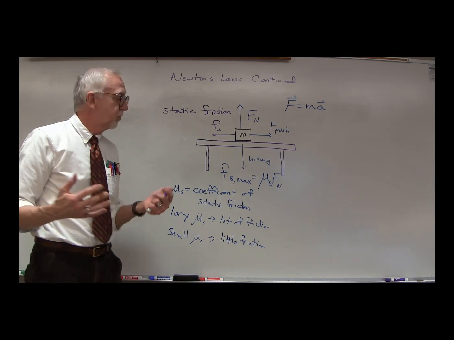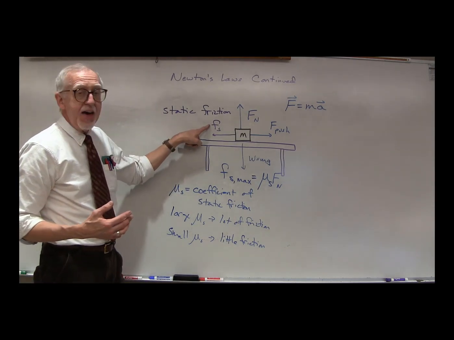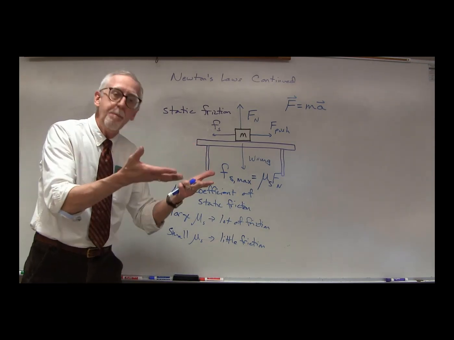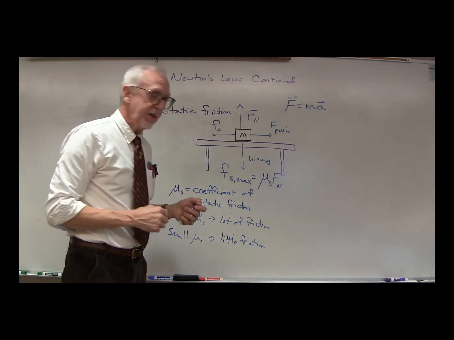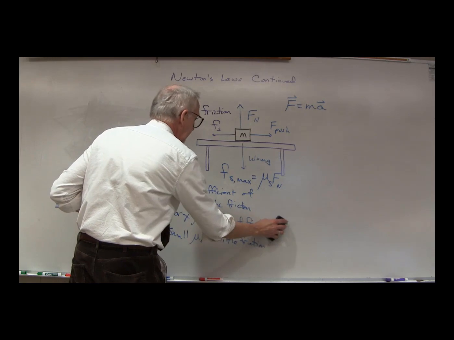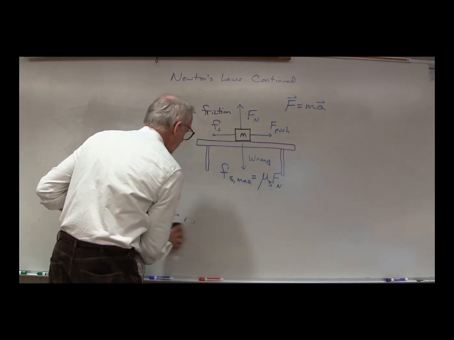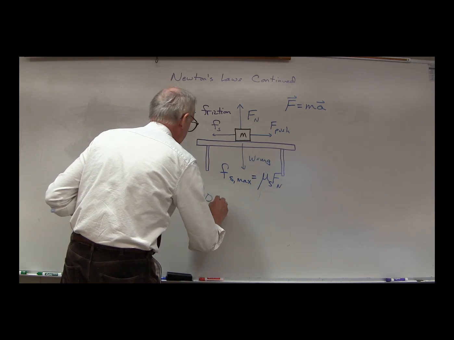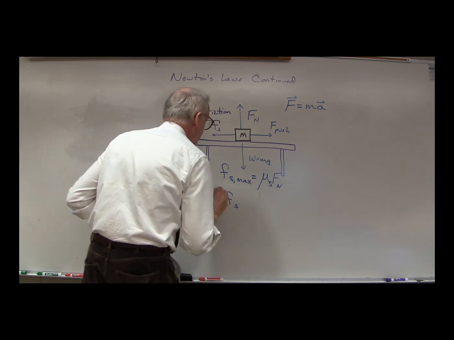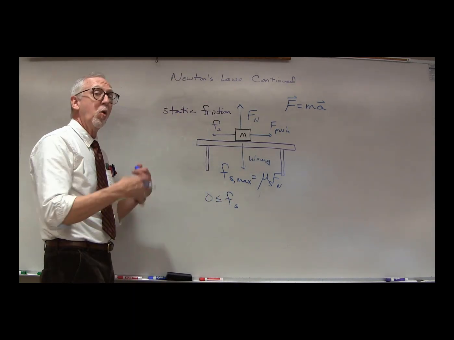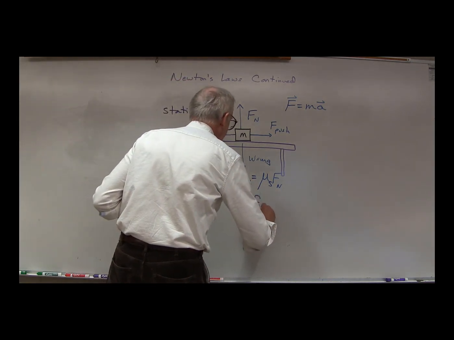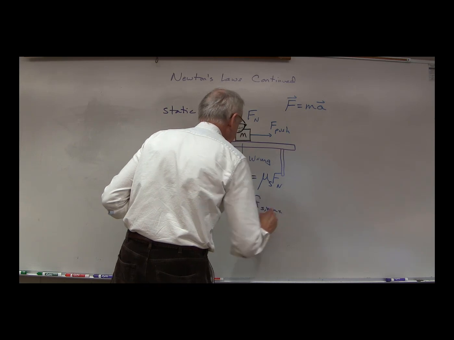And what did we know? What did we notice? That Fs can increase from 0 up to a maximum value of Fs max. So what we'll write is, let me get rid of this here. What we'll write is that Fs can be 0 or greater than 0 all the way up to a value of Fs max.